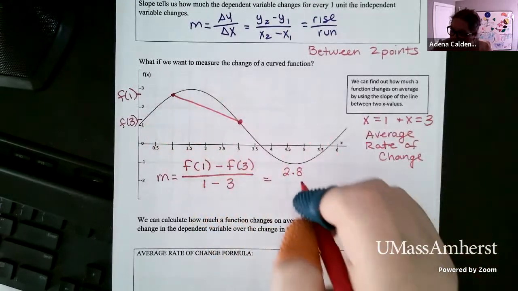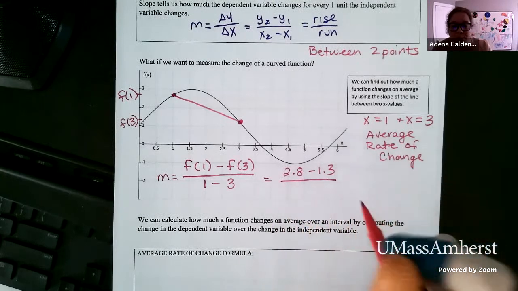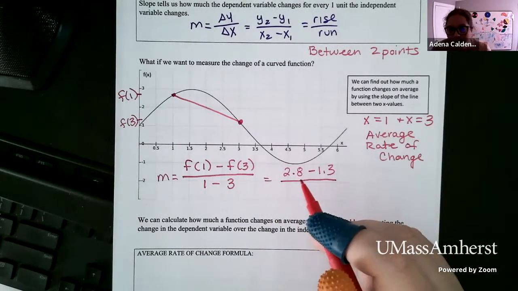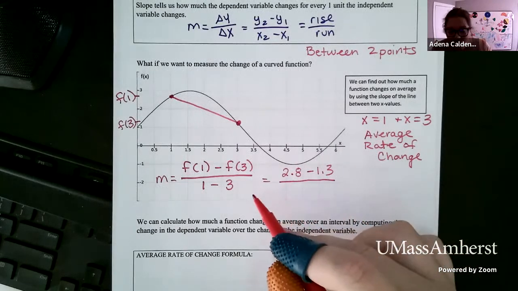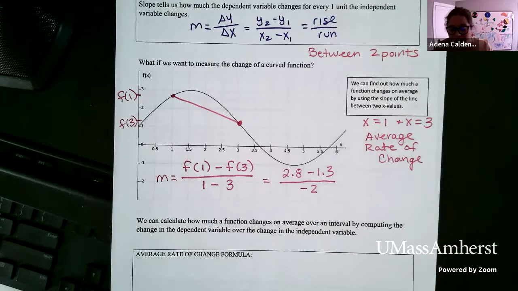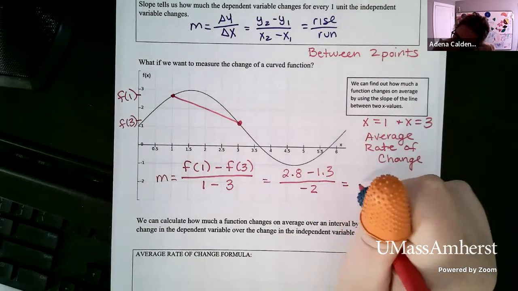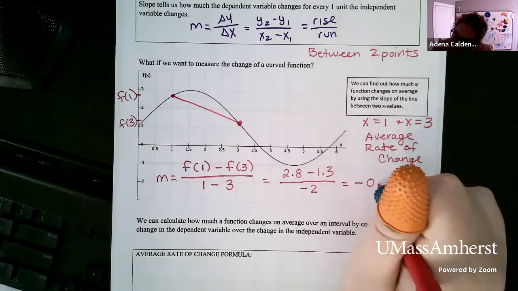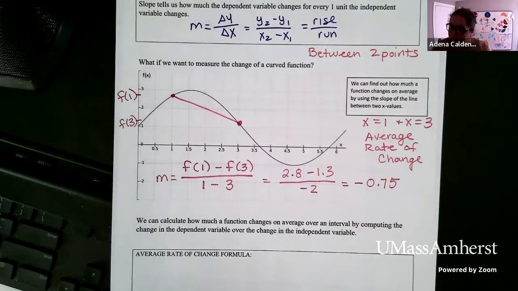So I'm going to call that 1.3. Okay, your approximations don't need to be perfect. We could have done 2.9 and 1.2, but we should be in the ballpark. And now 1 minus 3 is going to give me negative 2. Okay, so now when we crunch that number, we get negative 0.75. So what does that mean?